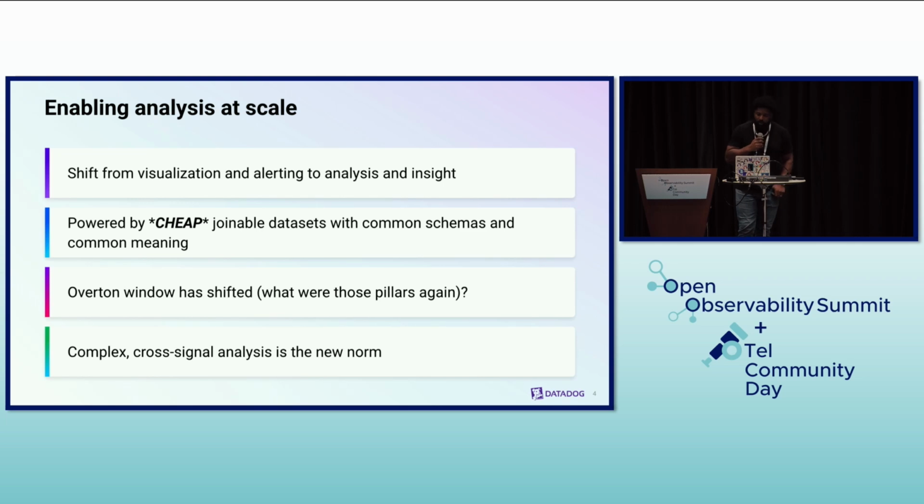Why? Well, powering this kind of analysis are joinable, high-quality data sets with common schemas and common meaning, allowing for complex, cross-signal, cross-system analysis at scale. And in fact, we just heard from Doten about how OpenSearch is contributing to this. Now, these data sets are now common because building them became really cheap and really easy.